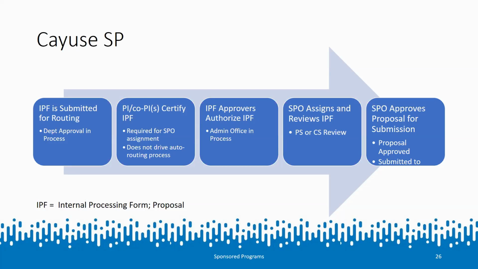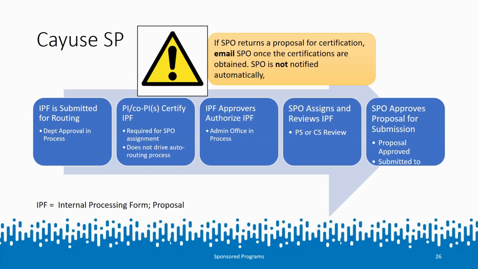I really have. Okay, so this is the proposal and routing process in Cayuse SP. The IPF, for internal processing form, is submitted for routing, and that's gaining all of those approvals, but also the certification. So department approvals and process. Then we need the PIs and the co-PIs to certify before we assign it.